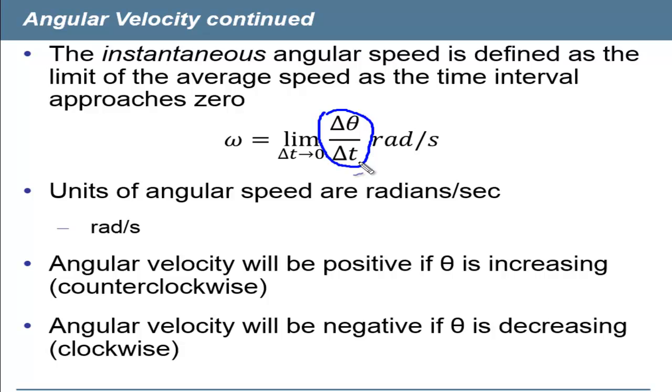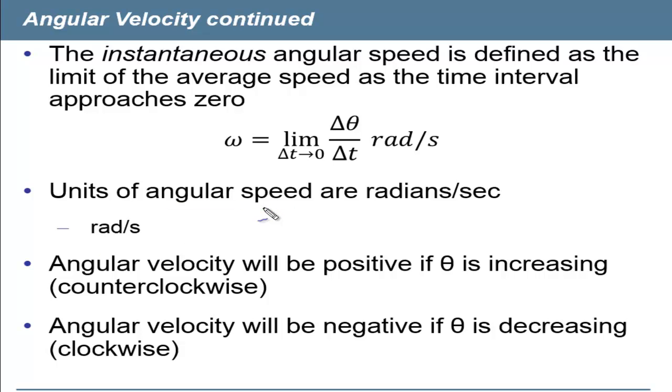If our delta time is one billionth of a second, then it's pretty much the angular velocity at that very specific time. The units for the angular velocity are radians per second, because delta theta is in radians and time is in seconds. So we have radians per second for our units for angular velocity, or angular speed, as we can call it as well.